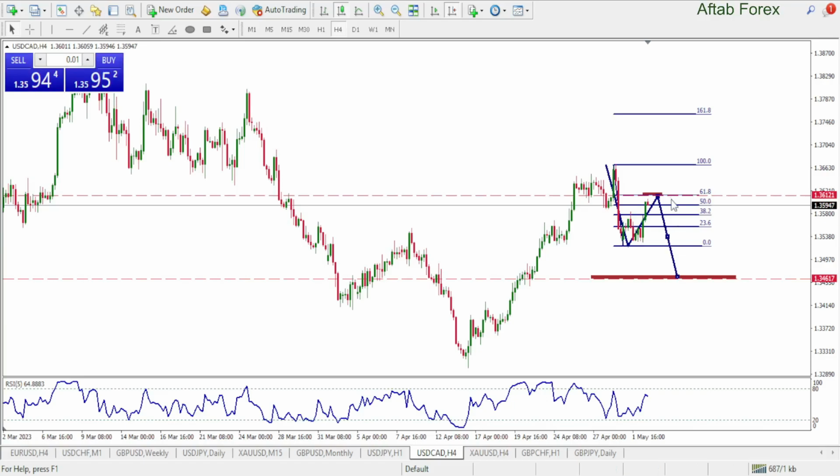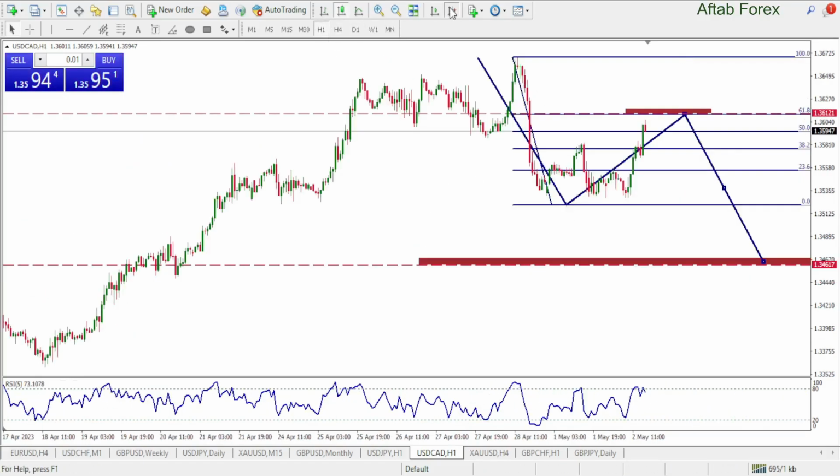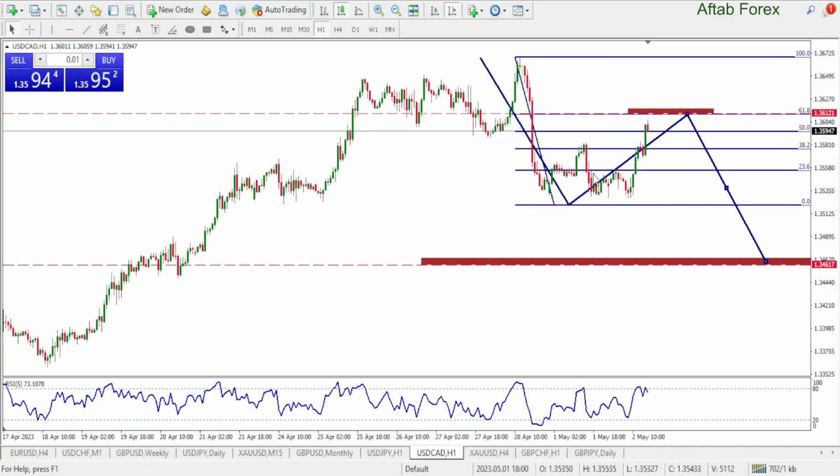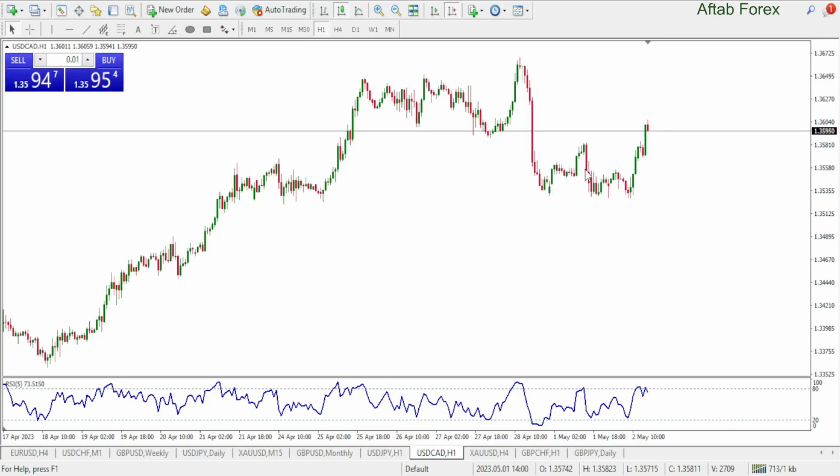So obviously, I will need your attention to stay focused on the analysis and on the technique that I'm going to start in a moment. So let's delete everything. That was the 1 hour H1 chart, which I just gave as an example.